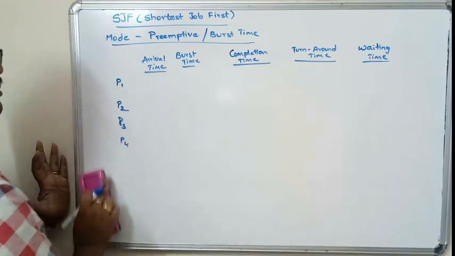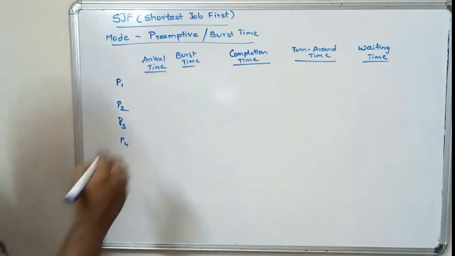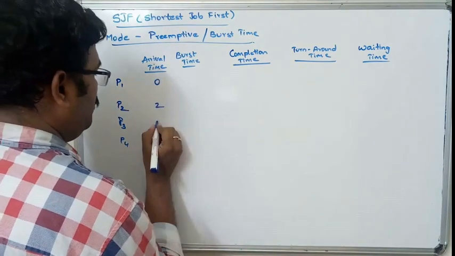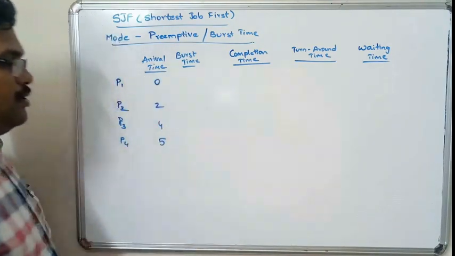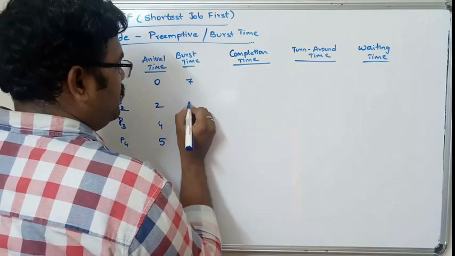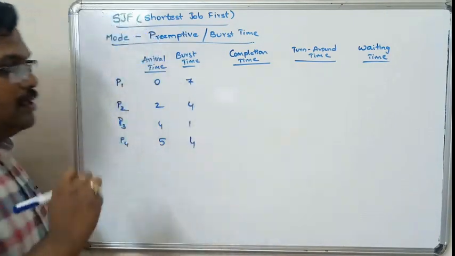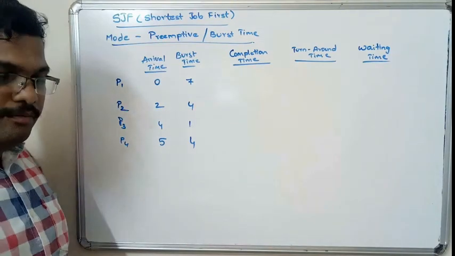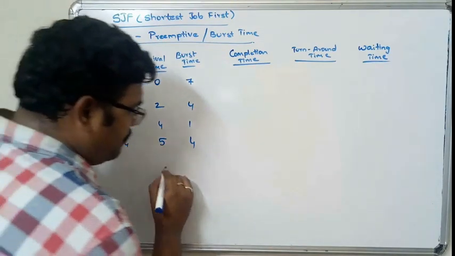Let us take 4 processes now. Arrival times: 0, 2, 4 and 5. Burst times: 7, 4, 1 and 4. Right?